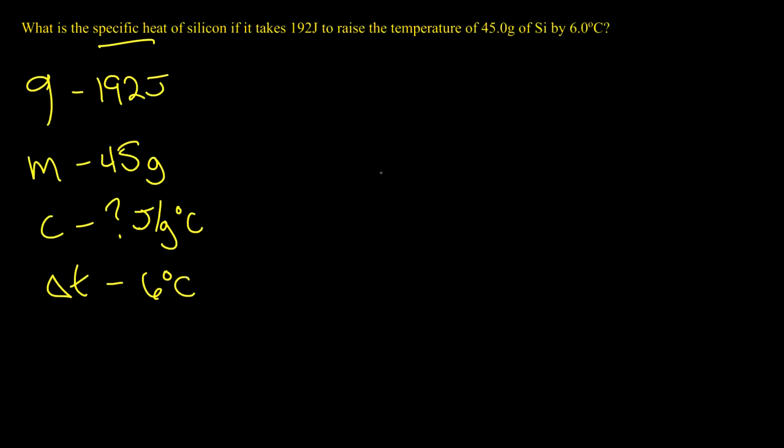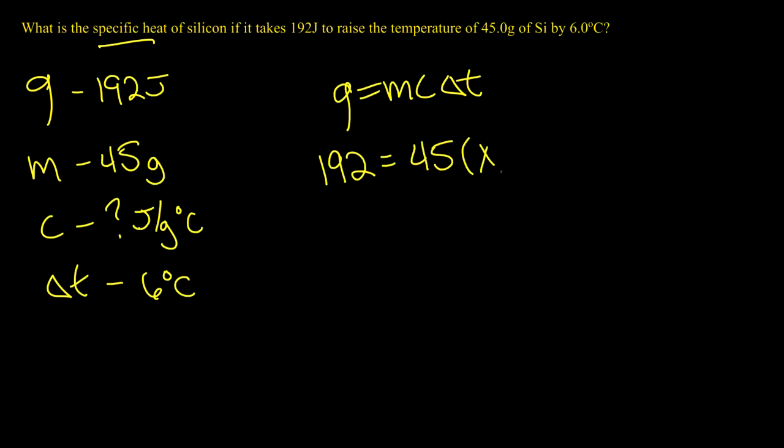Now we can set up our formula MCAT. So Q equals MC delta T. Q is 192. M is 45. C is what I'm looking for. I'm looking for that specific heat. Temperature change is 6. Now I just do a little bit of algebra. So I got 192 equals 45 times 6 is 270. 270 times x is 270x.